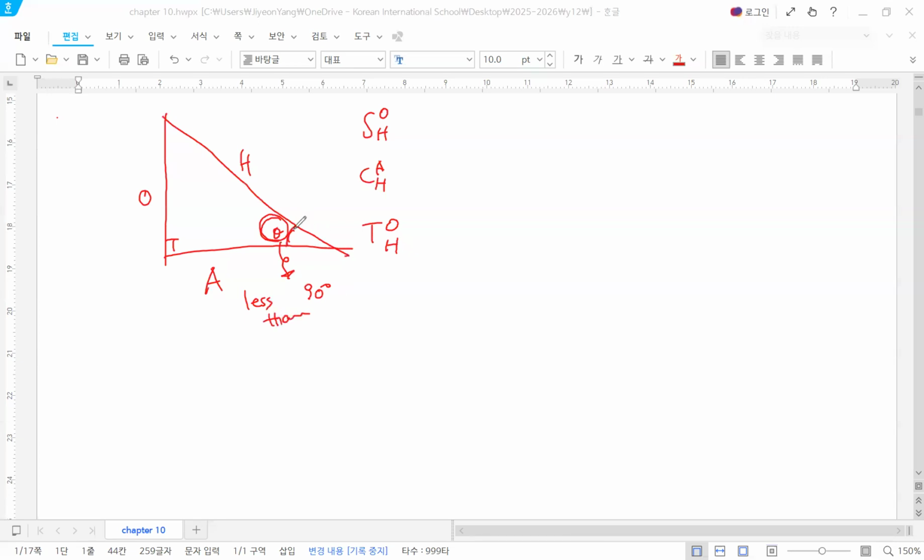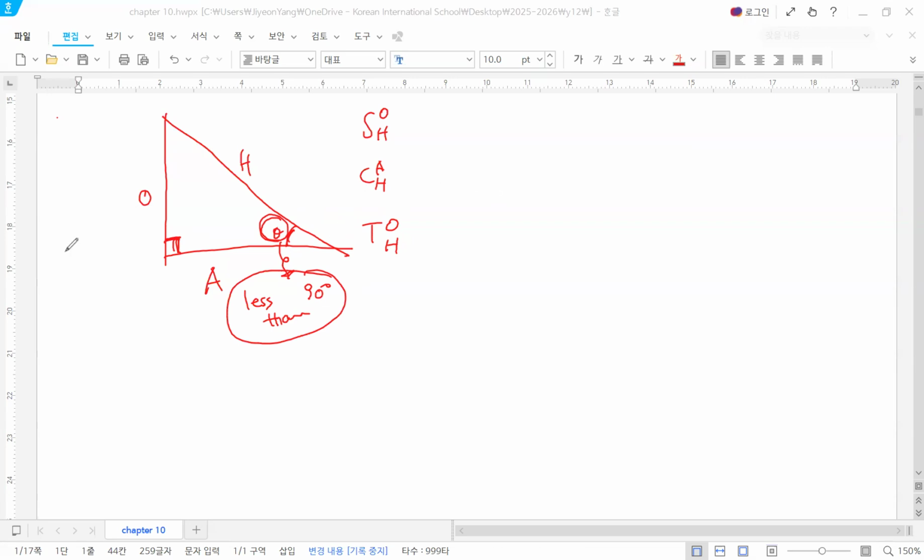Because theta is an interior angle of a triangle, and since there is a right angle triangle, and considering that the sum of interior angles of a triangle is 180, it means that theta, this angle, should be less than 90 degrees. It means that we cannot define trigonometry when theta is over 90 degrees.